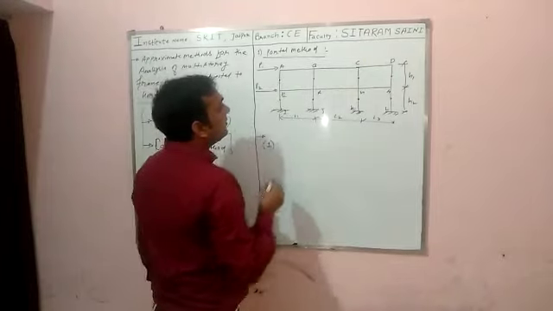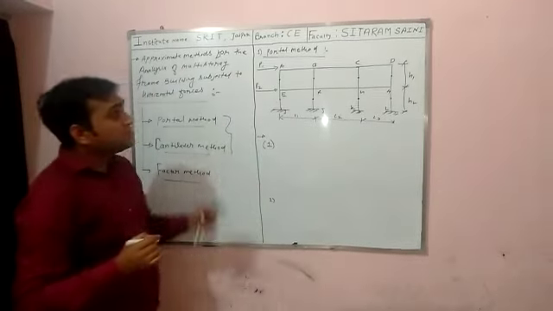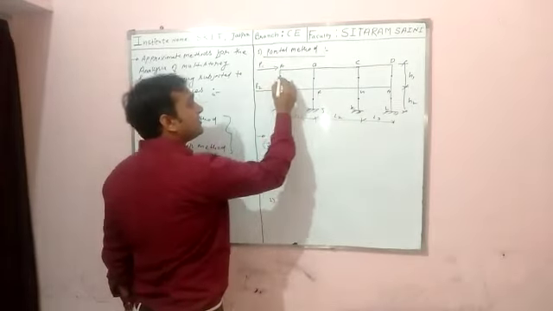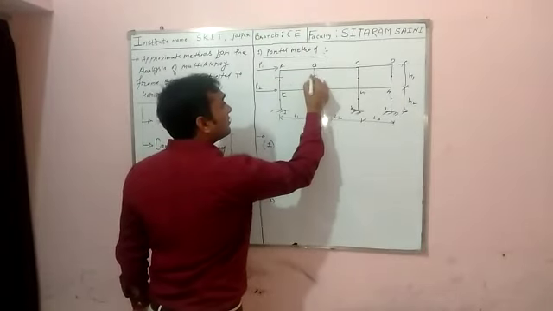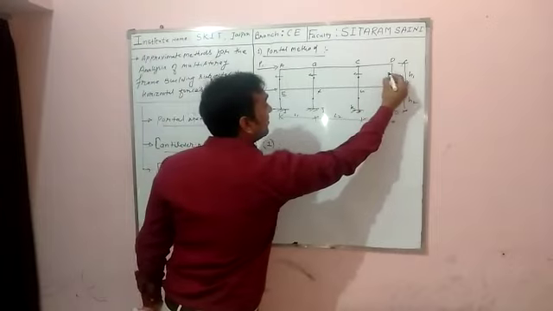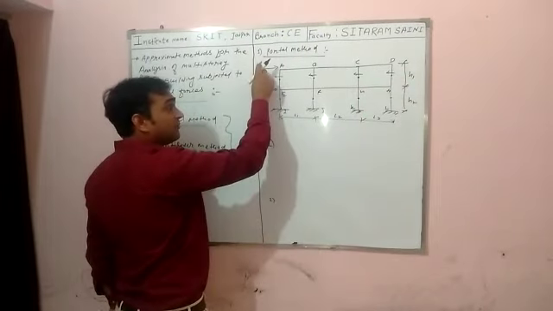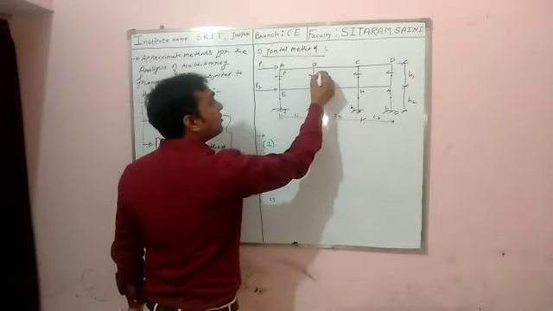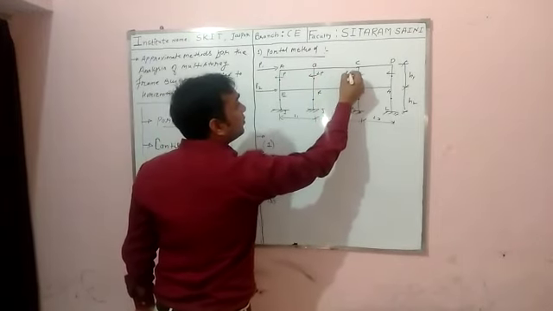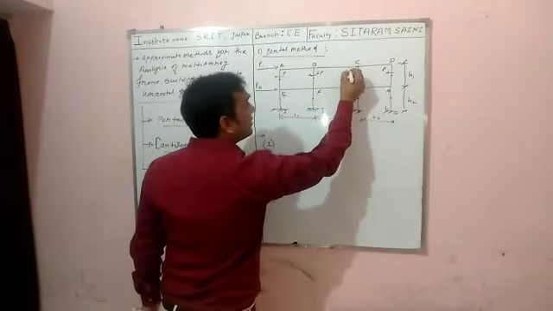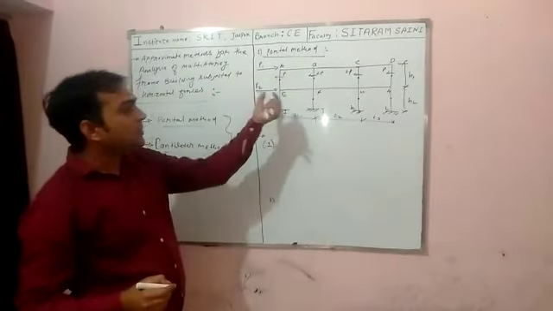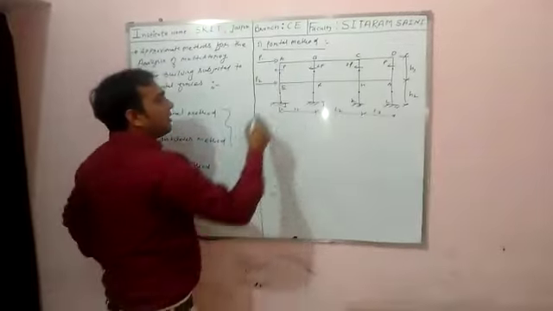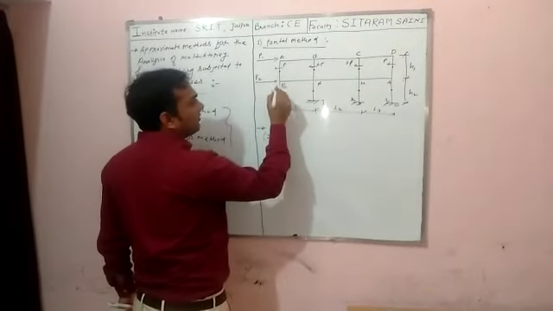And the second assumption is that the horizontal shear or horizontal force is shared by the columns, assumed to be P, 2P, 2P and P. We take twice P in all the internal columns and single P in the outer columns.